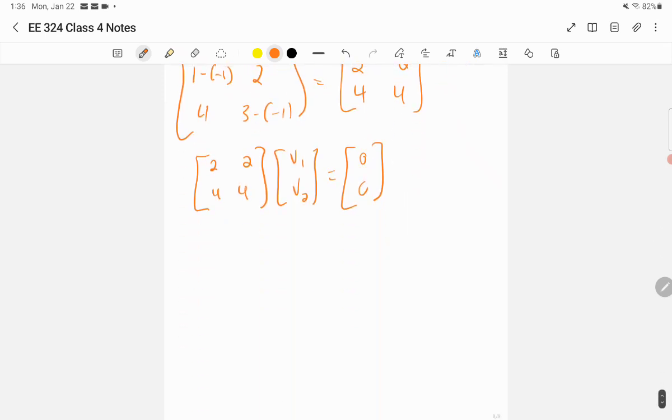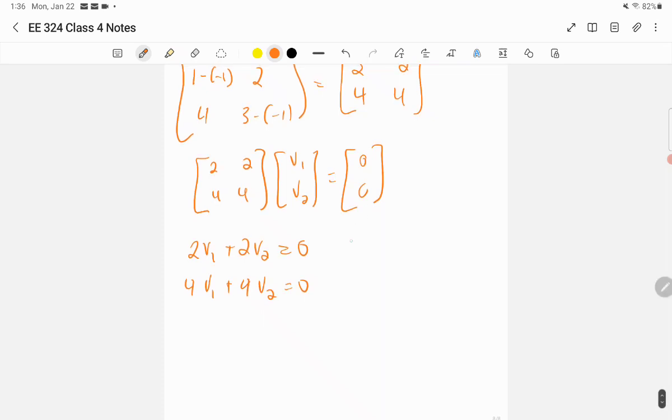This just tells me that 2v1 plus 2v2 is equal to 0. And the bottom one is just a multiple of 2 times this. So again, we have a free variable that we can choose to be something convenient. This means that v1 is equal to negative v2.